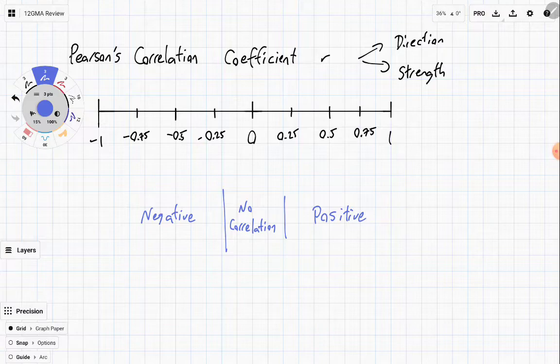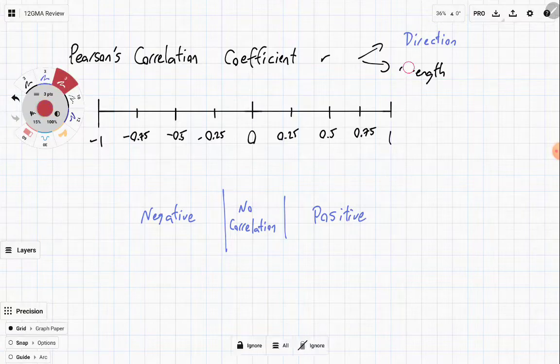For strength, let's do this in red. So the strength is dependent on how close it is to certain things. So it is strong if it's between 0.75 and 1. It's moderate if it's between 0.25 and 0.75.